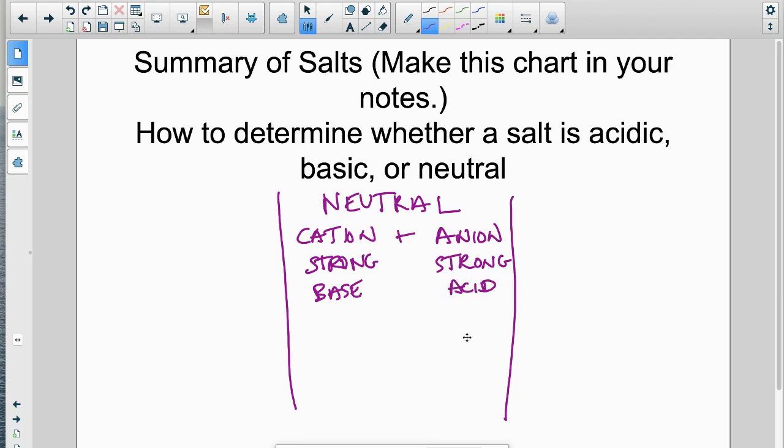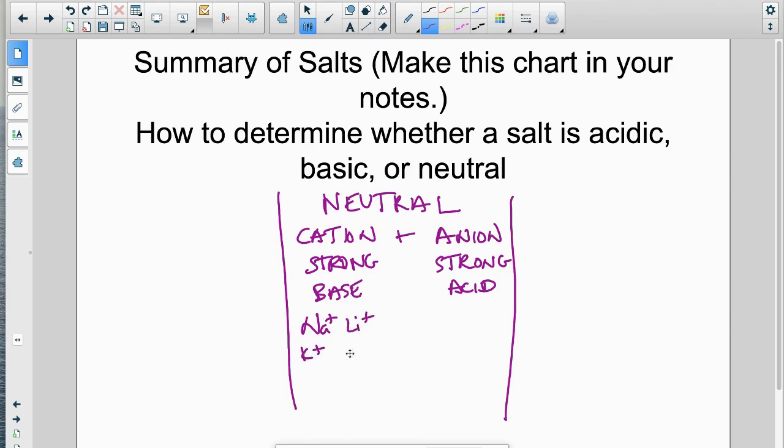So you can see how important it is to know which acids and bases are your strong acids and which are strong bases, because if you don't have these memorized, you're going to have to go look them up or take a guess. Instead, just memorize them. Then immediately when you see these cations from strong bases, anions from strong acids, you'll immediately recognize them as neutral salts.